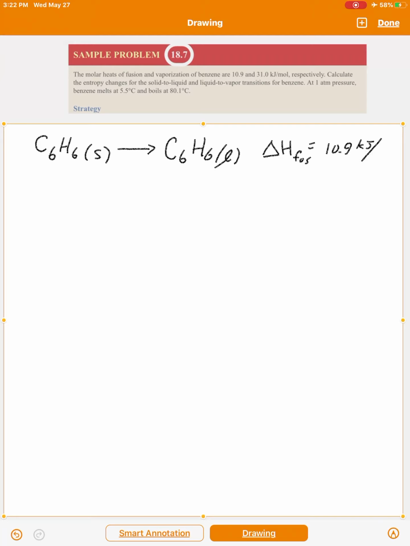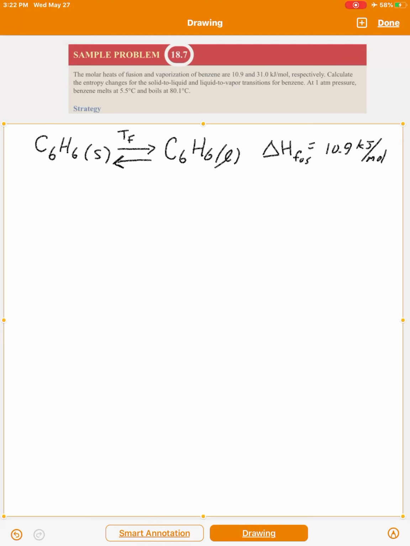Melting a solid into a liquid is generally an endothermic process, so the sign of that change in enthalpy is positive. Now here's what we're going to do. We're going to claim that at the melting point, or the freezing point, we'll call it F for freezing, if the temperature is at the freezing point, this process becomes reversible.